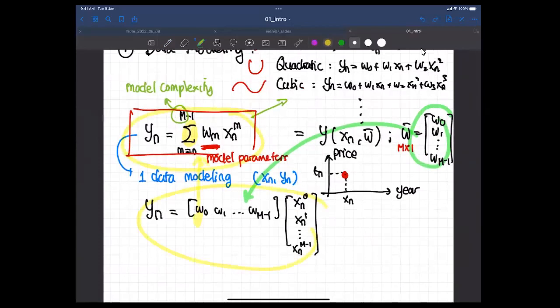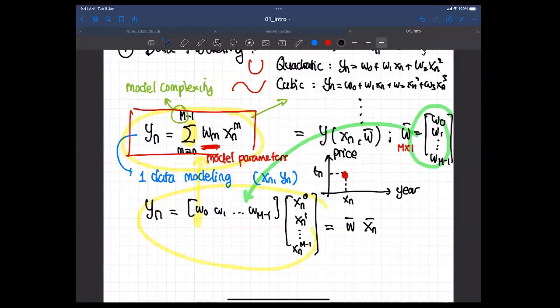If I write it in the shorter, simpler form, then what I have to write is vector w, then what? x vector.